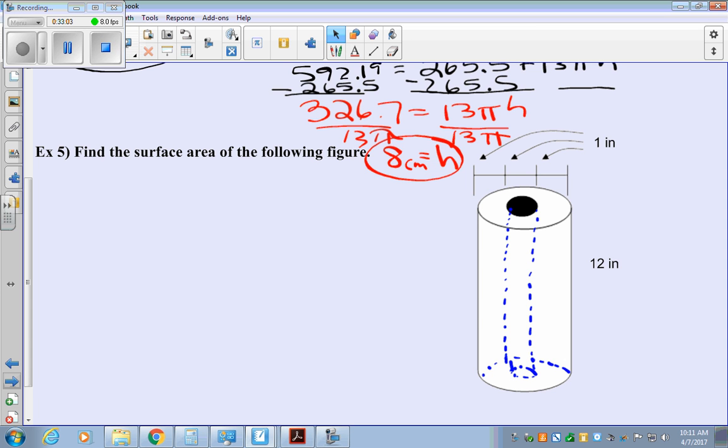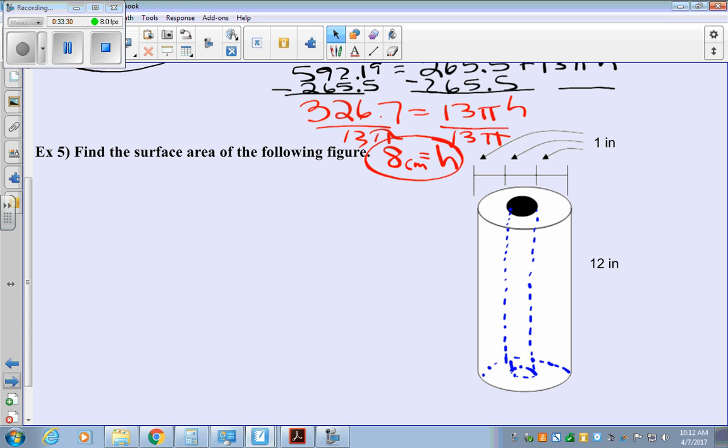So when we find the surface area, instead of finding the area of the entire circle on the top and the bottom, we're going to subtract out the little circle before we multiply it by 2. Then that smaller hole in the middle, we're going to have to add that to our surface area.